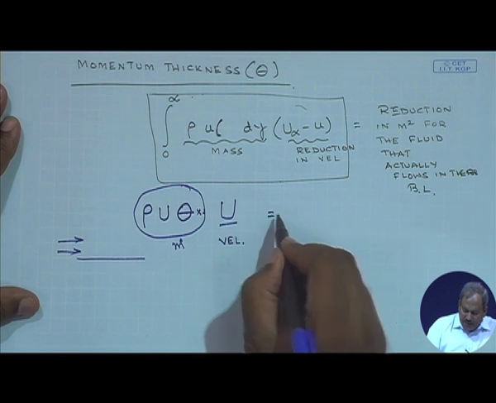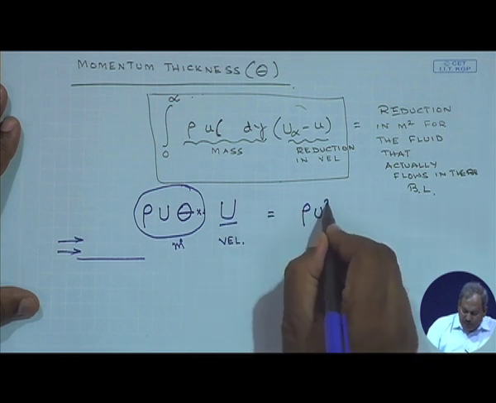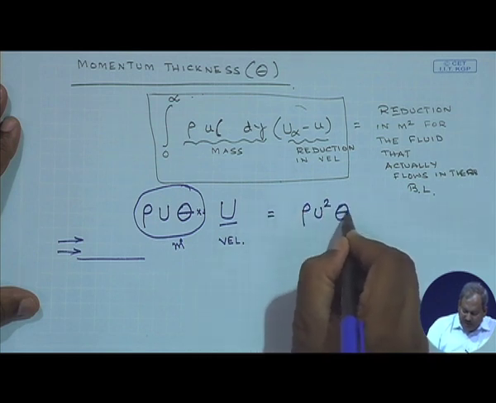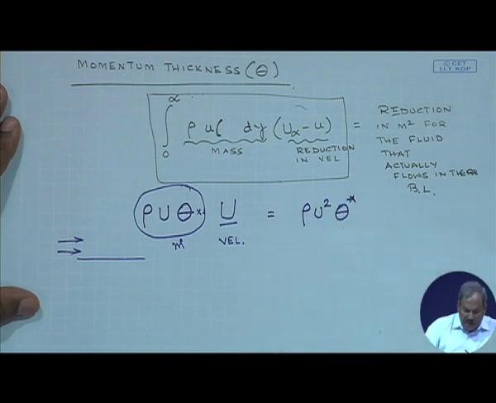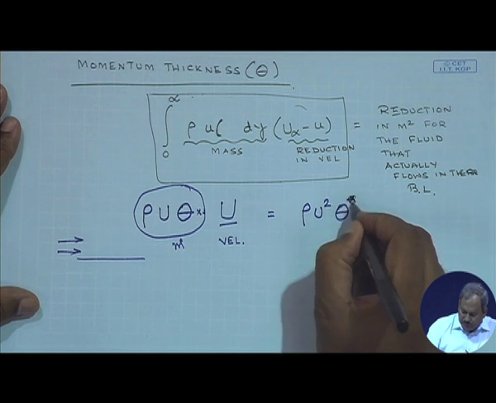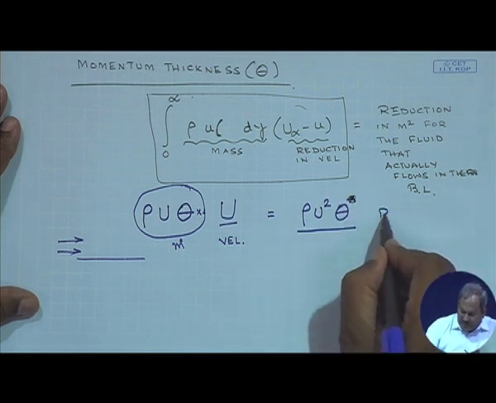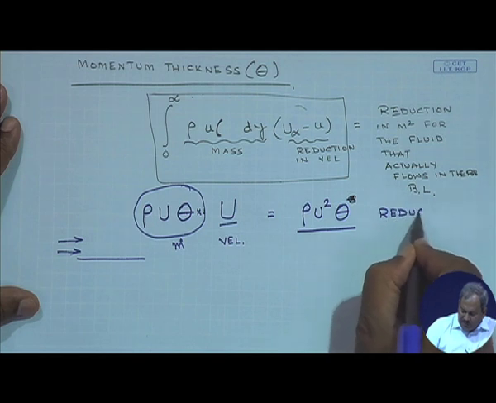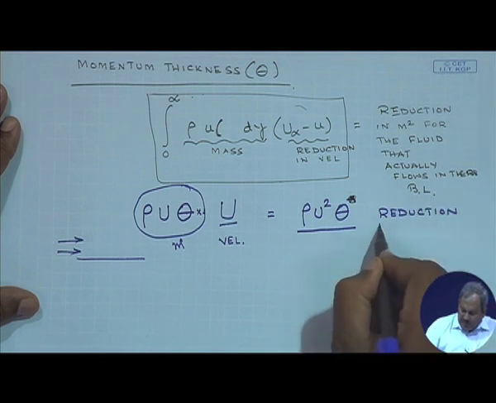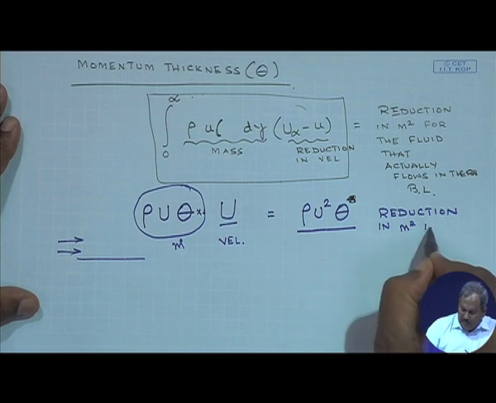So, the inviscid flow reduction in momentum, since I have raised the platform by a distance theta, is this. So this is the reduction in momentum in inviscid flow.